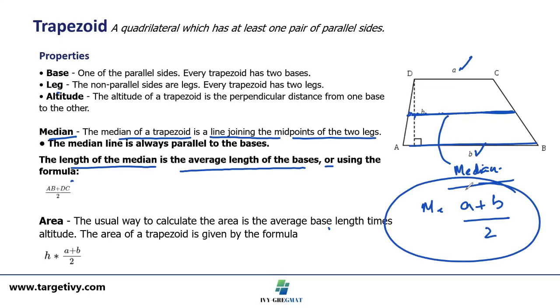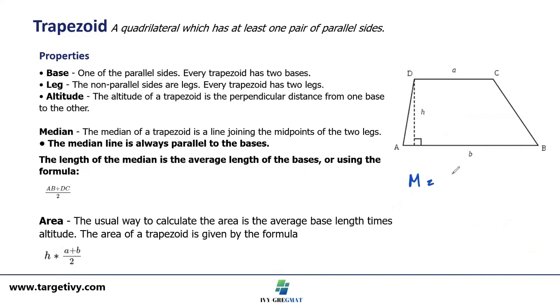When I'm finding the area of a trapezium, it is height into the median, and we know the median is equal to (a + b)/2.